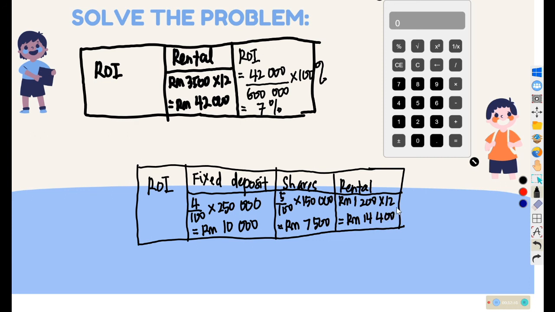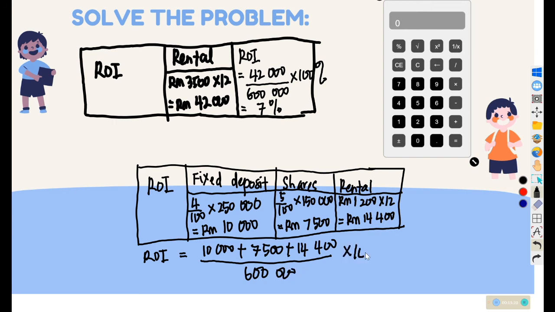Now we want to find the ROI for Encik Nik Izwan. ROI is equal to 10,000 plus 7,500 plus 14,400 over the initial investment, the total here is 600,000, times 100%.